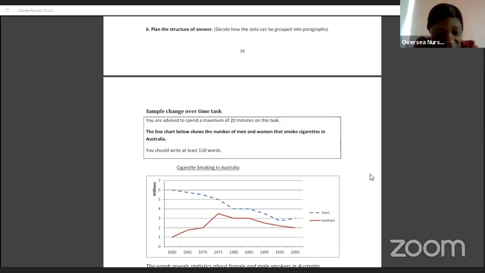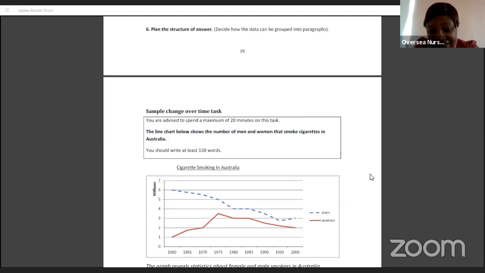For the women, it started on 1 million, increased gradually up to about 2.8 in 1965, okay? Then kept increasing, slowly, more slowly this time around, but saw a sudden rise between 1970 and 1975, and it peaked for them at about 3.5 million.